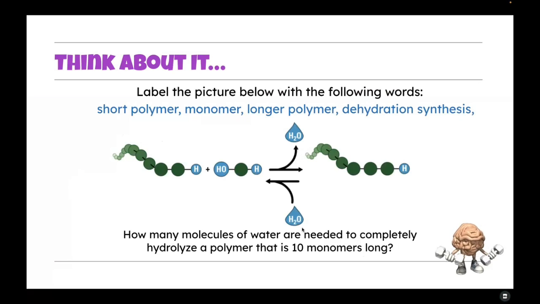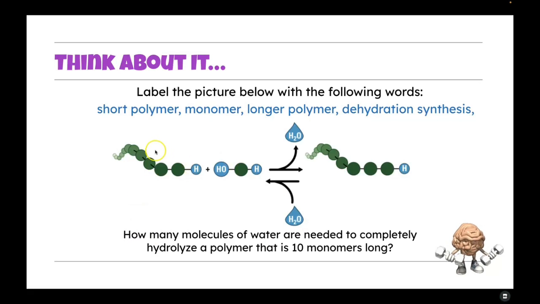All right, so think about this question. Which one do you think is a monomer and which one do you think is a polymer? Do you think this is dehydration synthesis, or do you think this is hydrolysis? All right, and so this one is dehydration synthesis.